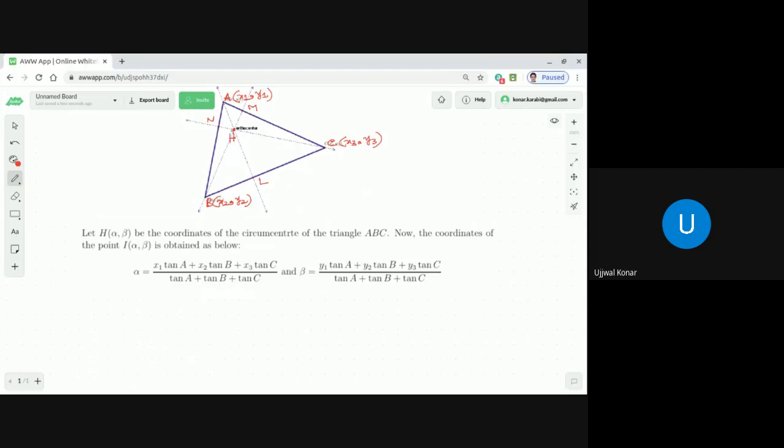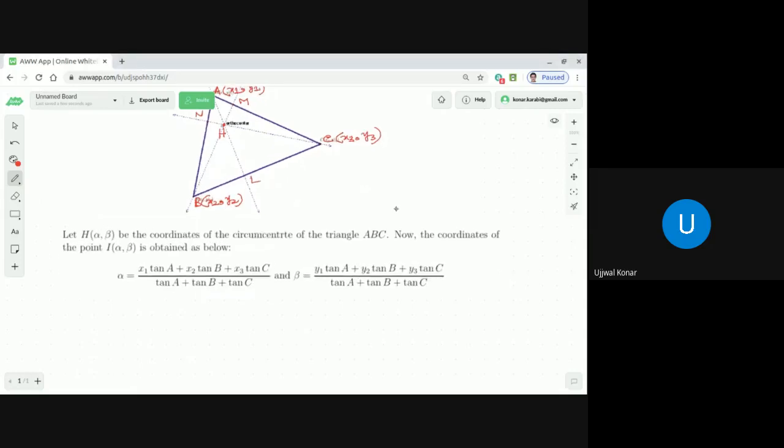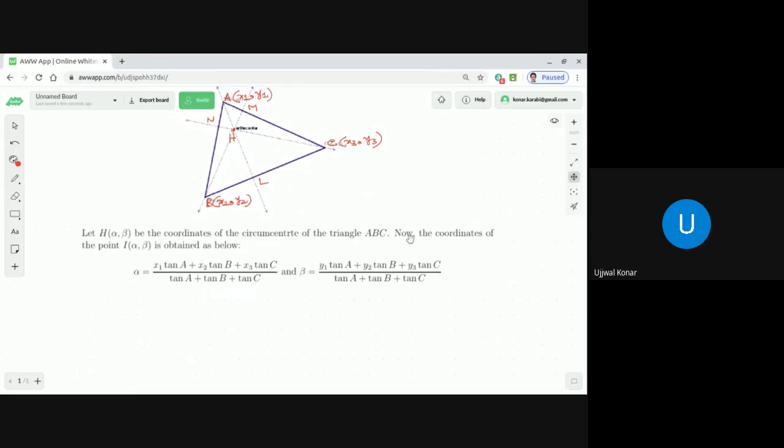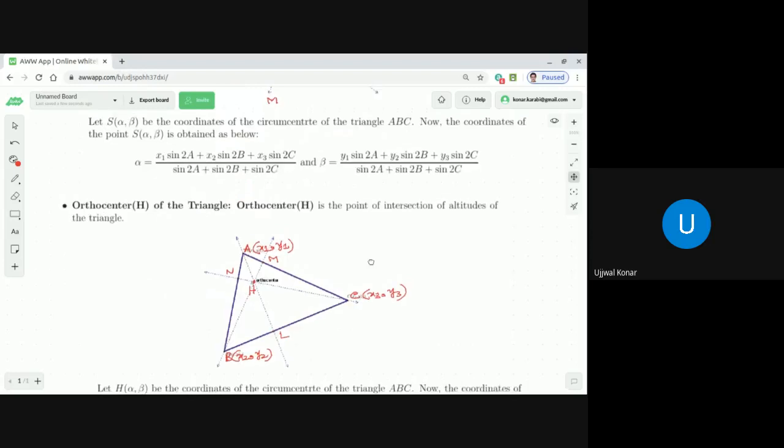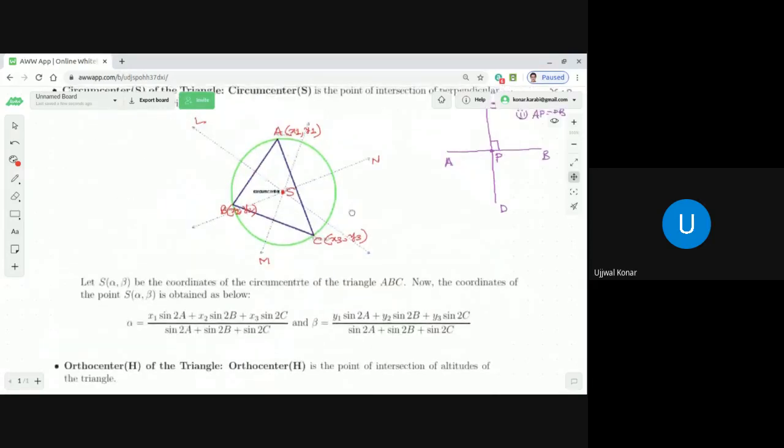So these are the different centers we have discussed, dear students. There are 5 centers. Let's make a summary of them before we discuss the relationships among those centers. Let's have a quick recap. The first center we discussed is called the centroid.